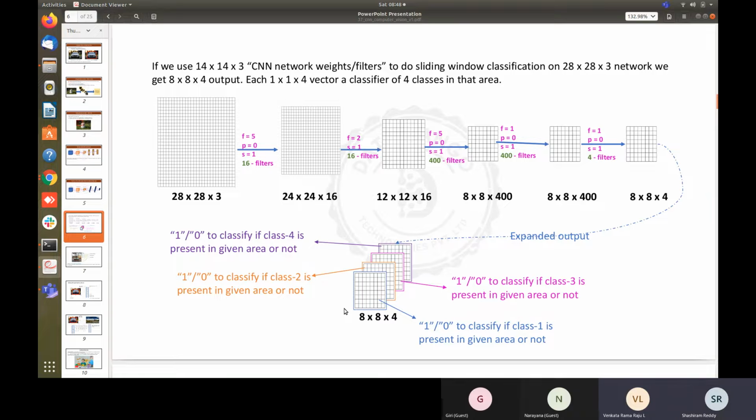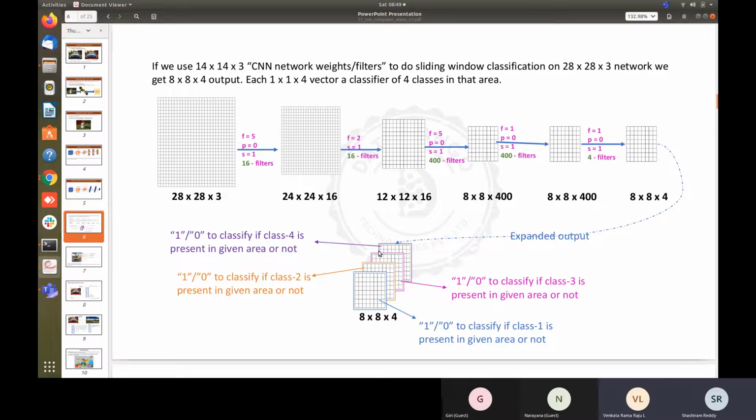So here, there is this example we discussed about the prediction of animals. In the single image, we thought there were 4 objects, and we are trying to predict whether one of them is present or not in a given cell.